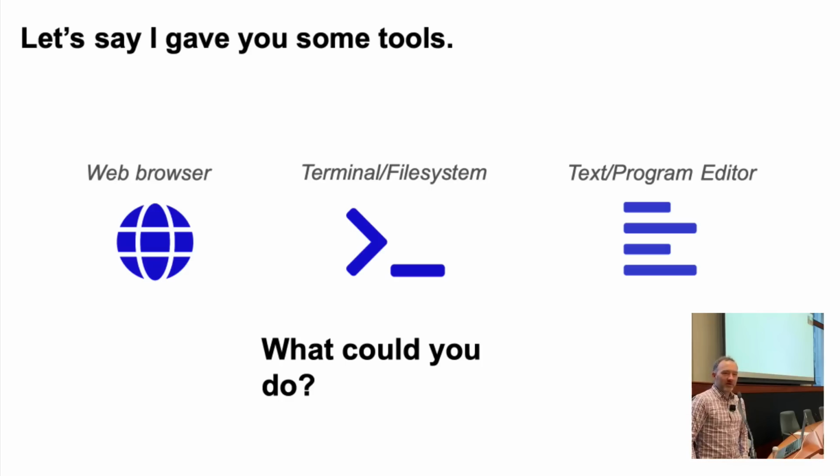The first thing I'd like to think about is, let's say I gave you, a highly competent human, some tools. Let's say I give you a web browser and a terminal or a file system and the ability to edit text or code. What could you do with that? Everything.